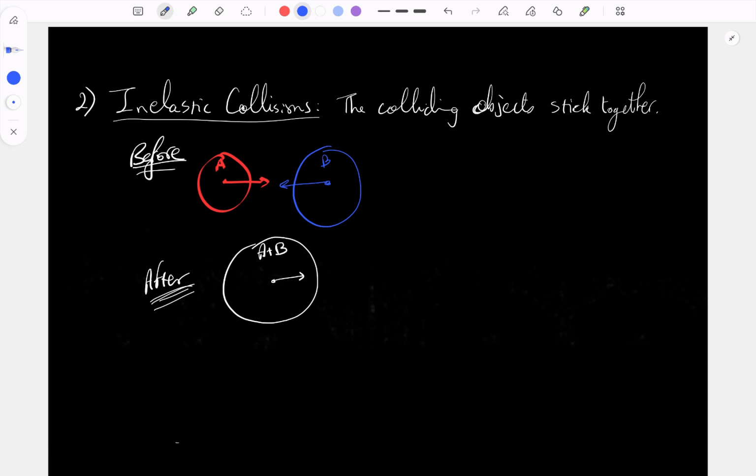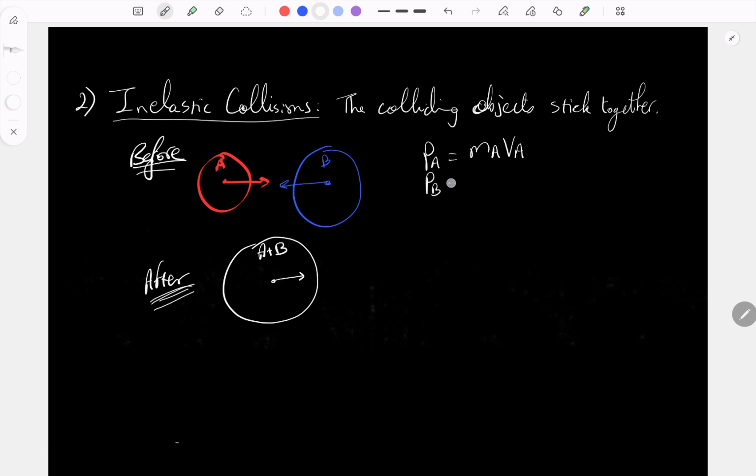And now we ask the question, what are the momenta before and after the collision? So first, we consider the momentum of object A as equal to the mass of object A multiplied by the velocity of object A. This is not surprising.